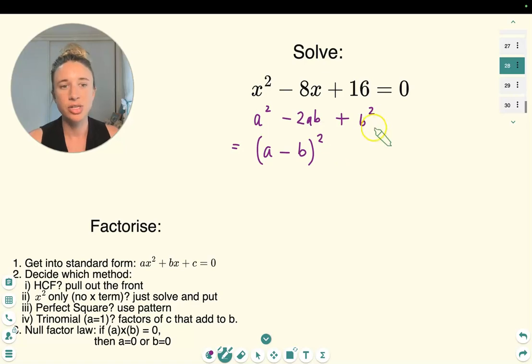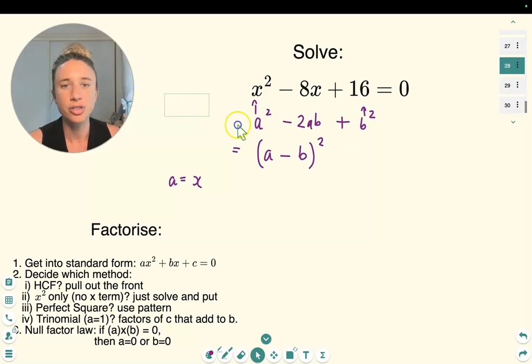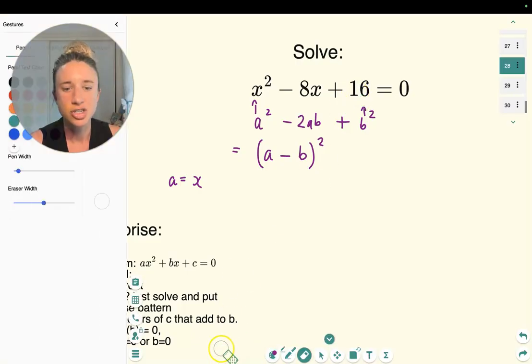So there was a previous video that looked at factorizing using perfect squares, so maybe go back and have a look at that one. So we have that. Now let's say a equals x, because we're just aligning that, right? And what I just forgot, express it as a squared number first, okay? It's important to express this, actually.